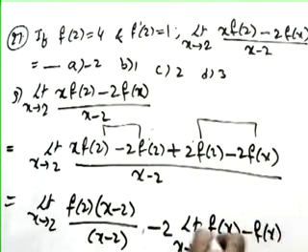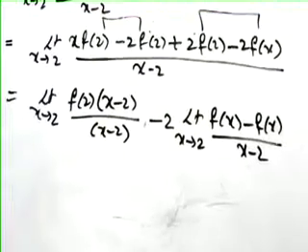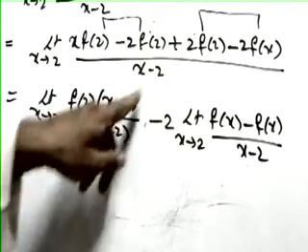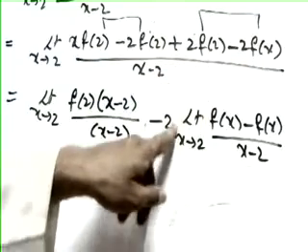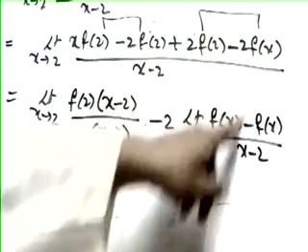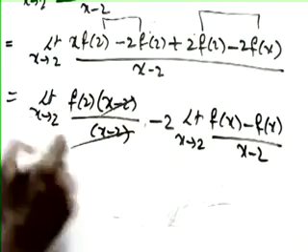So this will be f of x minus f of 2 by x minus 2. I separated the denominators, watch carefully. From this 2, if you take f of 2 common, you are left with x minus 2 by x minus 2. From this 2, I am taking minus 2 common. You add the same denominator here also. So here you cancel this.